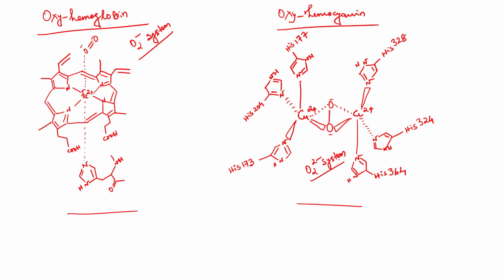You can see in the picture that there is a minus charge on one of the oxygen atoms that is bound to the iron 2 plus of the hemoglobin in oxyhemoglobin, and here both oxygen atoms of the oxygen molecule bear a minus charge after being conjugated with the copper 2 plus cations of the hemocyanin moiety to form oxyhemocyanin.